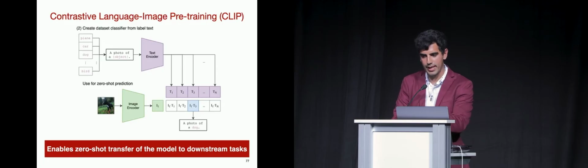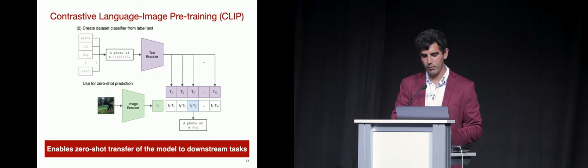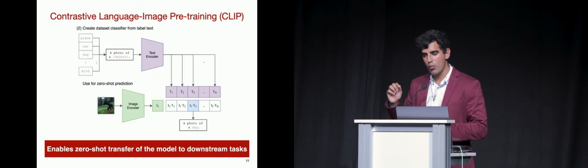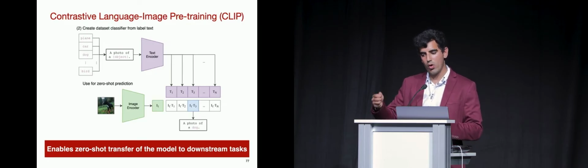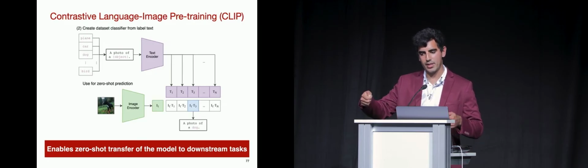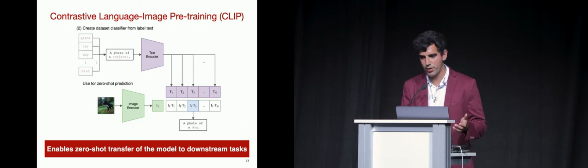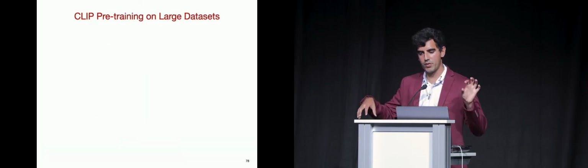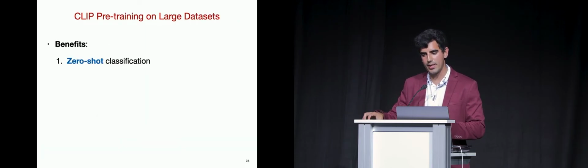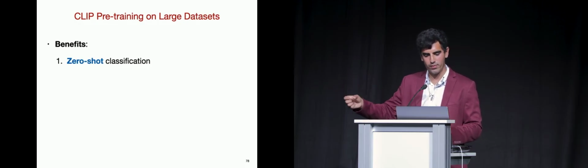That's T1 through Tn here. Then we take an image we want to classify at test time, pass it through our image encoder, and we know which class it belongs to by seeing which text representation it has the highest cosine similarity with. Since we have a photo of a dog, the image representation of the dog has the highest similarity with the text representation of the caption, a photo of a dog.